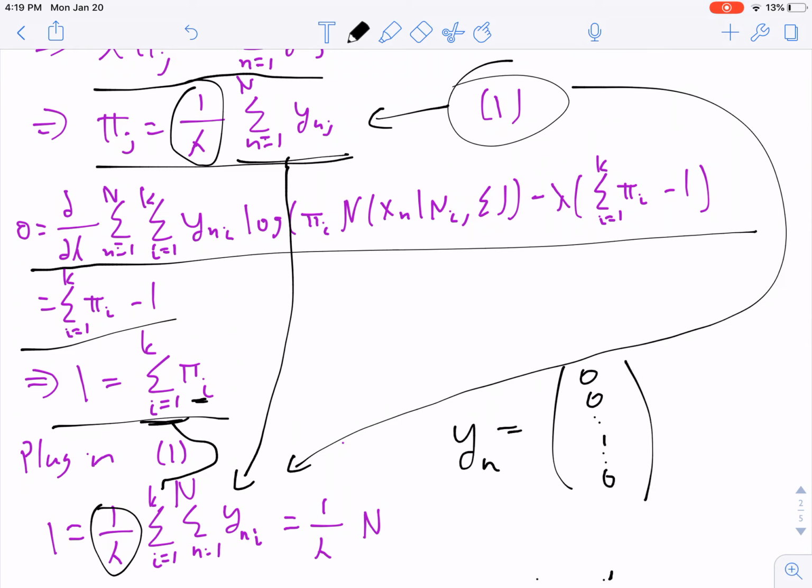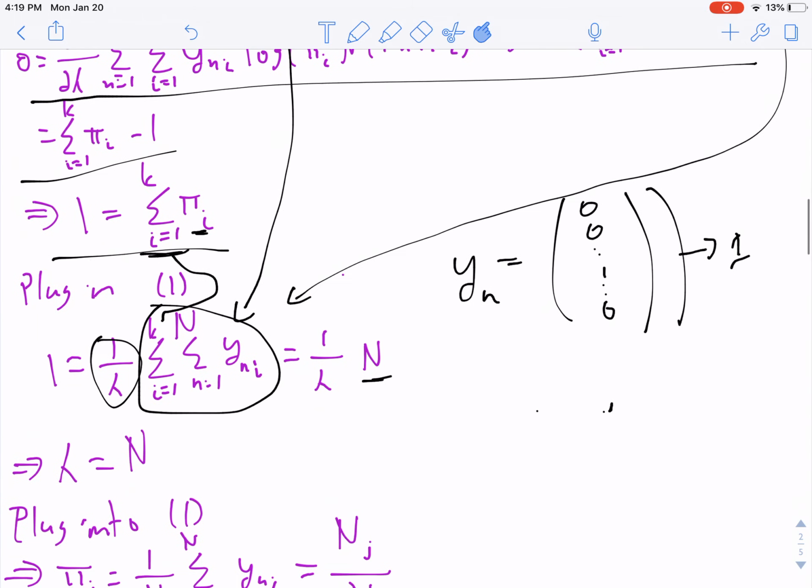If we sum over all the data points and over all the classes, we're essentially summing over every single y vector, all of its values. If you sum everything up here, you're just going to get 1 for each, because there's only one argument that's 1. So this sum is just equal to the number of data points, or N.